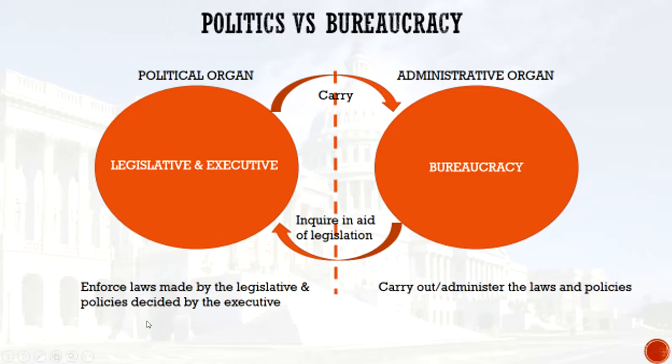Reading the slide, the political organ is to enforce laws which are made by the legislative and policies decided by the executive. There are two features of your political organ. From the term, they are political in the sense that the positions within the political organ follow a political process which is called elections.